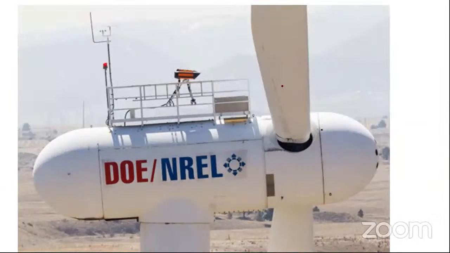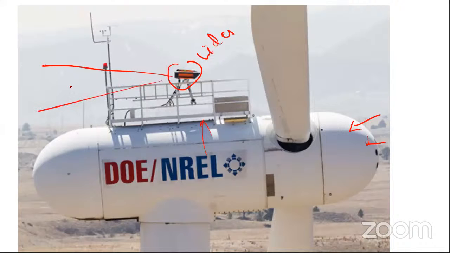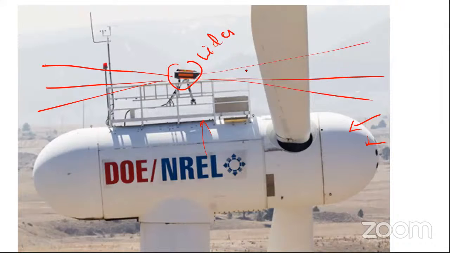Earlier we discussed the LiDAR. Now, in order to increase the efficiency of the turbine, we can place the LiDAR on top of the turbines. It sends beams towards the direction of the wind.